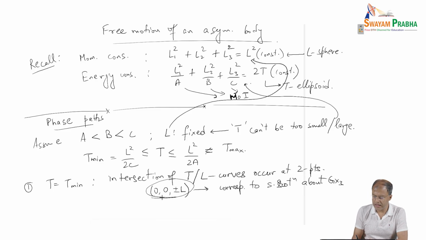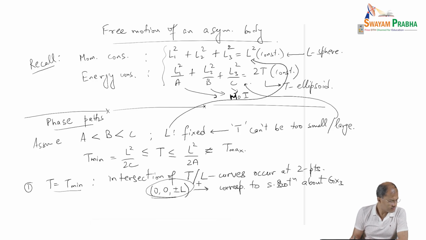So we see that if our kinetic energy is fixed at the minimum value, then the two surfaces, the ellipsoid and the sphere, intersect at these points 0, 0, plus minus L, implying that we will have rotation about the x3 principal axis.